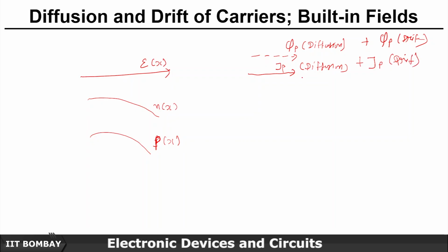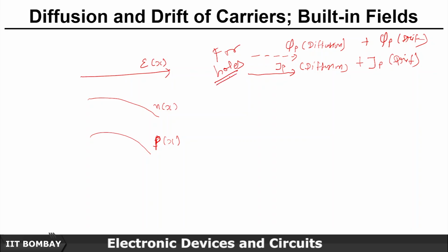So you can say if the electric field direction and the concentration gradient direction are the same, meaning concentration decreases along the electric field, then the diffusion current and the drift current will be in the same direction for holes. So this applies to holes.